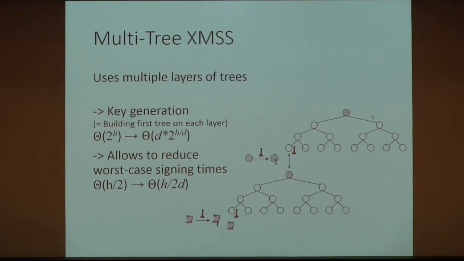So if we take as example this total height 60 and use trees of height 20 on each layer, then we need 3 layers, and we actually just have to compute 3 trees of height 20, which would be something like 45 minutes on a single core, or if you simply do it in parallel, then it can be much faster.